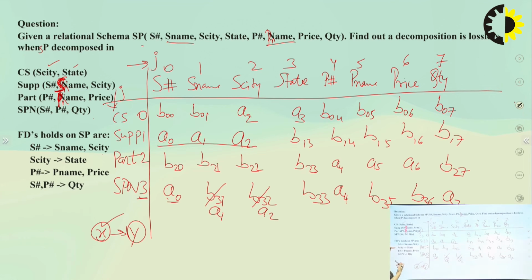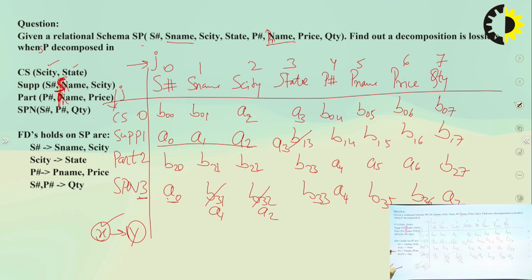For this functional dependency, we can see here A values. If we are having S city, we can determine the state. So we are having A2 here, so we can determine A3. Here also we are having A2, so we can determine A3. So this will be replaced. Right. Okay.